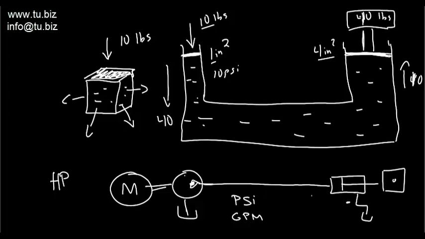The bigger your load gets, the bigger your hydraulic requirements on moving a load that is bigger and faster. It's going to require bigger pressure, bigger GPM, and therefore a higher horsepower requirement. But this basically is how a hydraulic system works, how a fluid power system works.